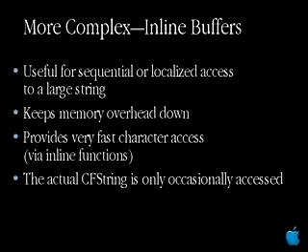A little more complex is to use an inline buffer. This case is useful when you're going to walk the entire length of a string, or when you're going to be moving around a lot in a small area and then move forward and look at another small area. So in other words, when your access is either sequential or highly localized.